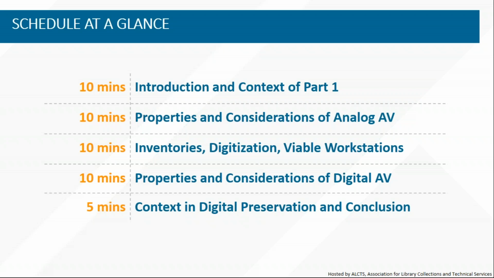And while this webinar series is called Digital Preservation, it is important to understand the materials that we're working with, to understand their properties and characteristics, so that once we make decisions on what and how to digitize something, we know what's important about the originals that we want to reproduce, that we want to preserve and make accessible to our access communities.